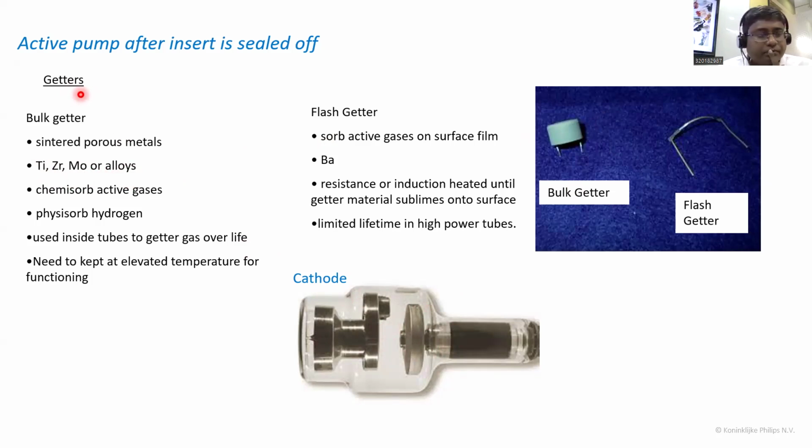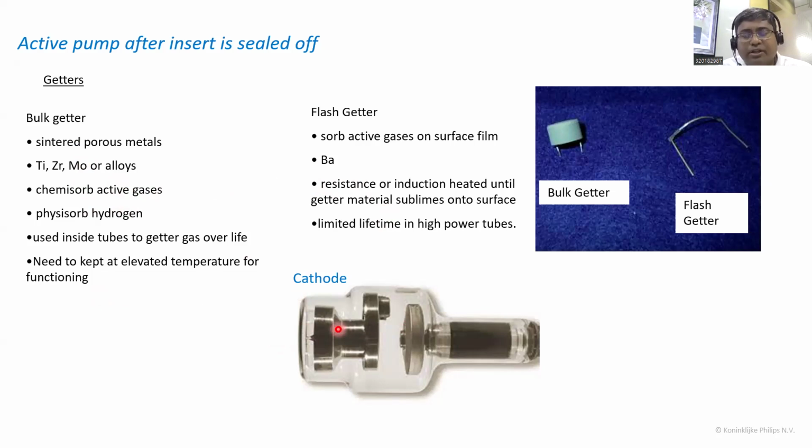And there are two types of such thing. One is bulk getter, which needs to be kept at elevated temperature throughout the functioning, which means it needs a small power supply which will heat up that device. And there is a concept called flash getter, where one time with a high current, we create a high temperature, it just gets evaporated and deposited.